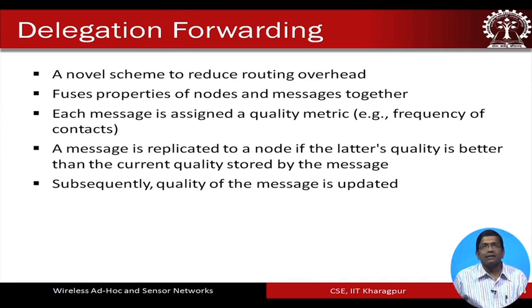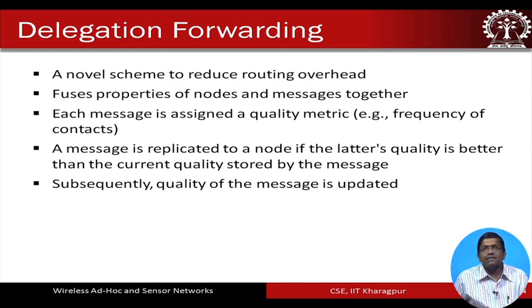Delegation forwarding is another scheme. It is a novel scheme to reduce the routing overhead. It basically fuses the properties of the nodes and the messages together. Here each message is assigned a quality metric based on the frequency of contacts. If a node has more frequency of contact with another node, the quality metric increases.